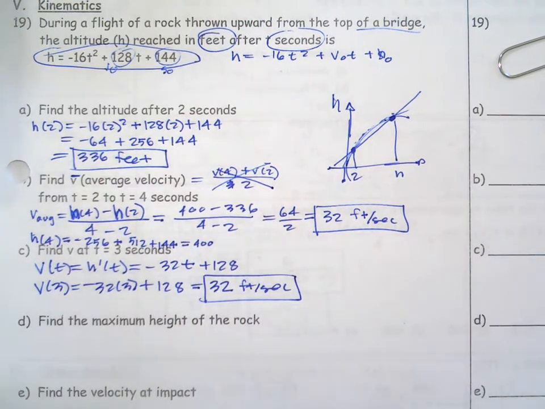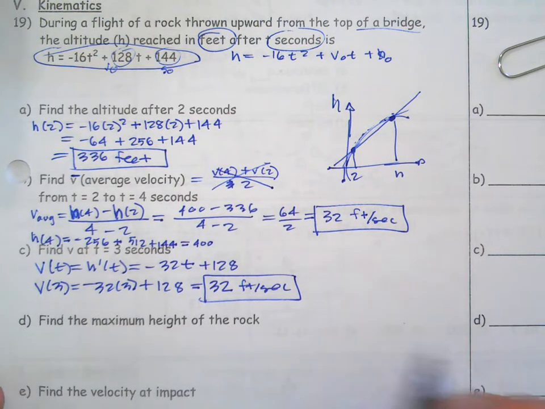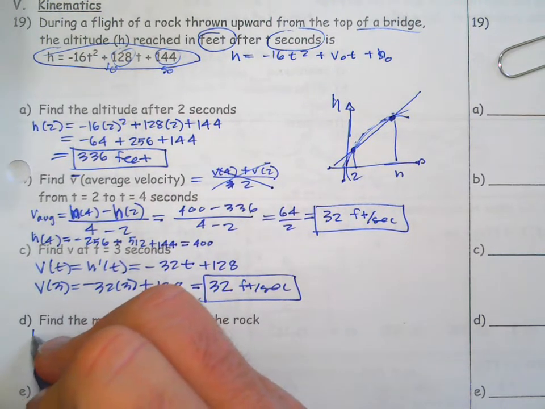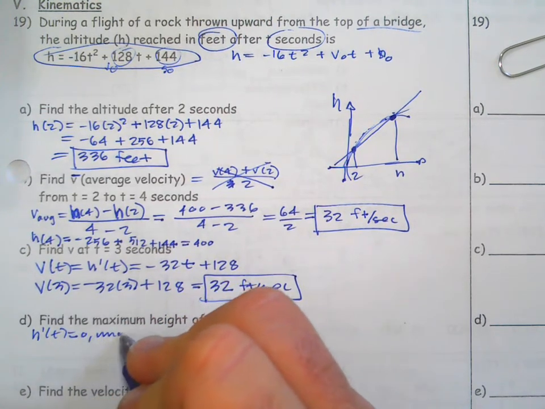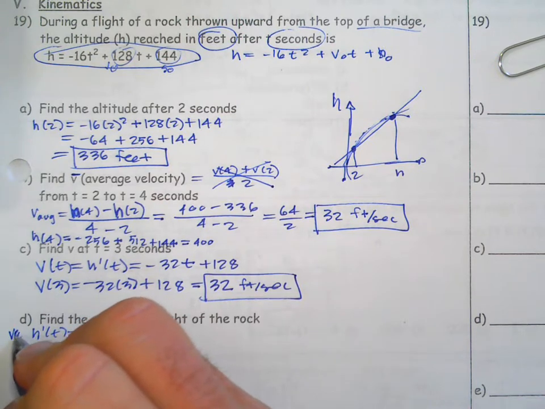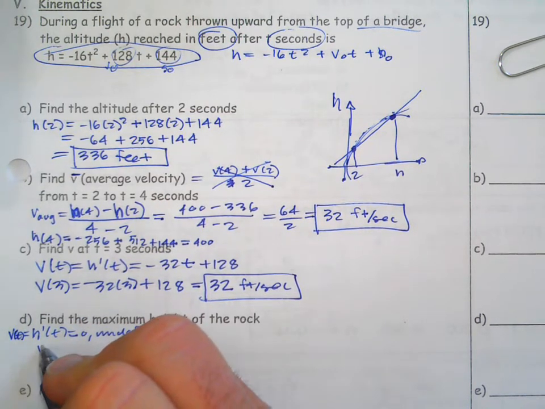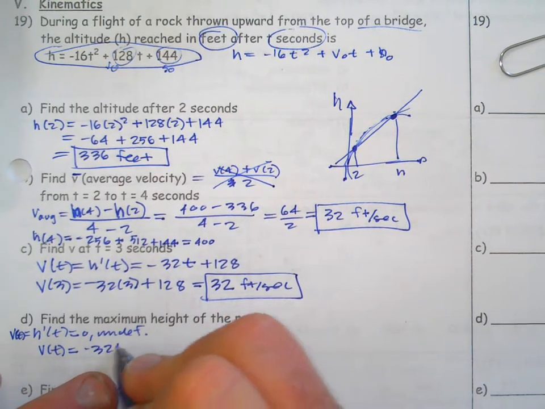Okay. And then the maximum height, well, we have to do extreme value theorem. So max height means we need h prime equals 0 to find critical points, right? That ends up being when velocity equals 0. Velocity, we just found in the last problem, was negative 32t plus 128.